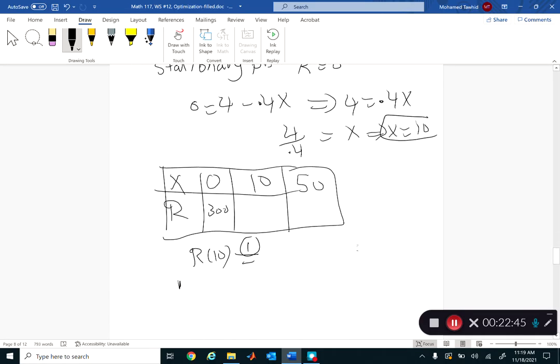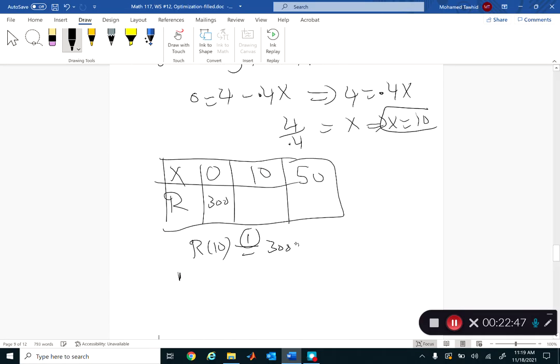So you get 300 plus 4 multiplied by x, which is 10, minus 0.2 multiplied by 10 squared. I have to use technology for this. You get 320.